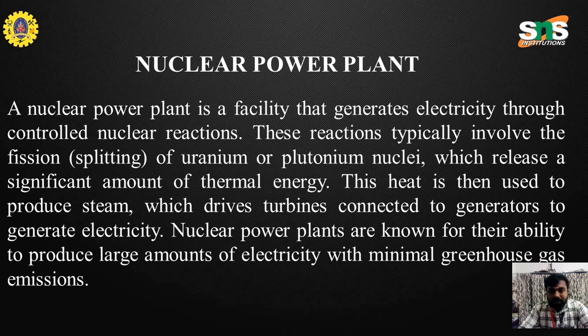It splits into krypton and barium, and also releases a high amount of energy, 200 MeV, and 2.5 neutrons. From the 2.5 neutrons, one neutron is again bombarded with uranium-235, and it converts into uranium-238. This uranium-235 is used as the working fuel in the nuclear power plant.